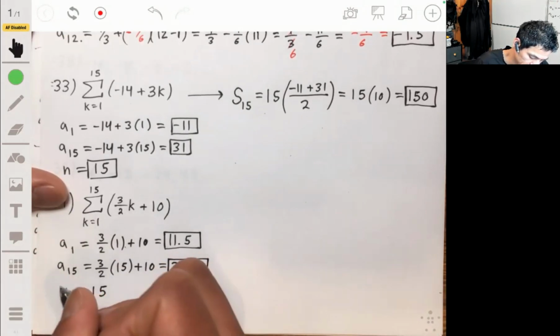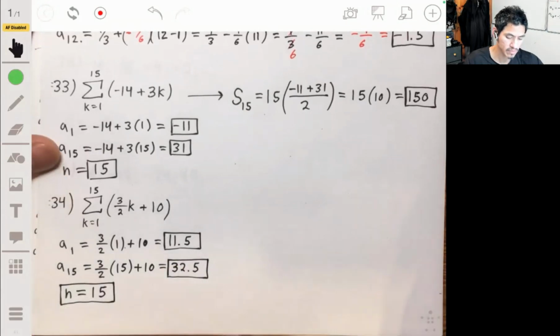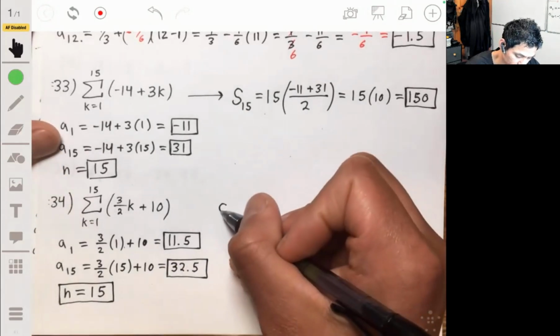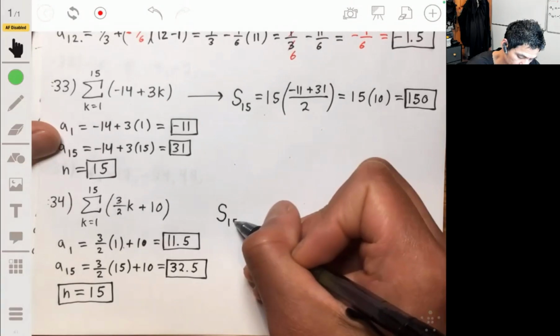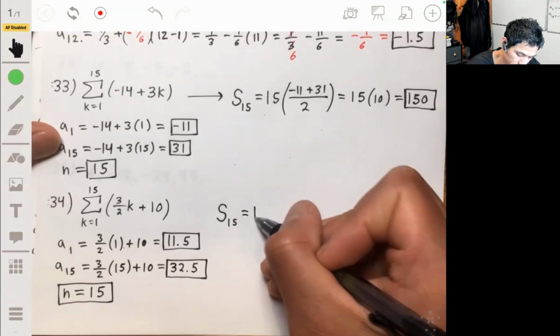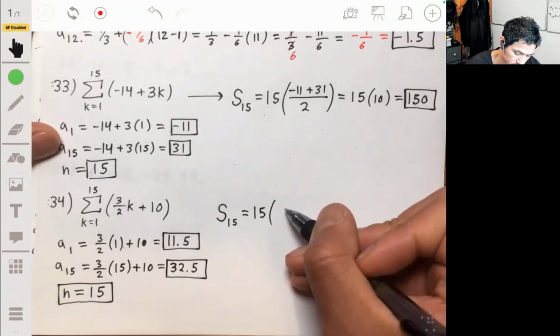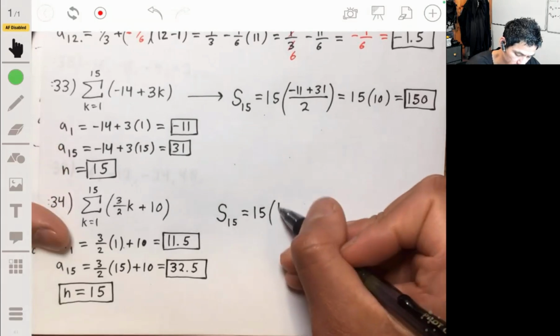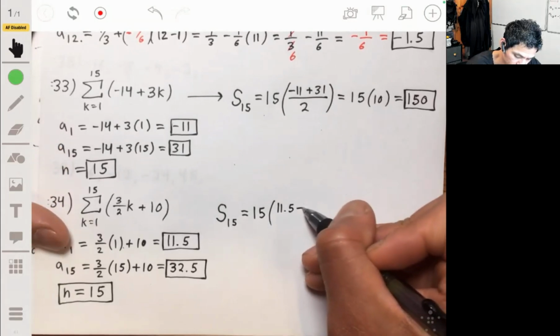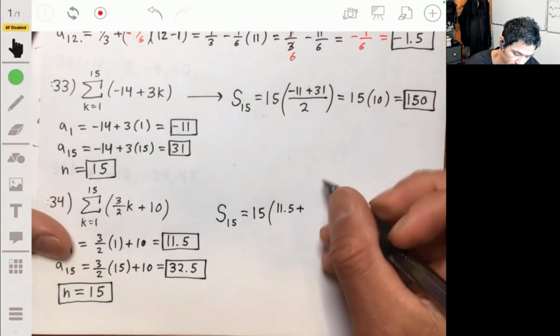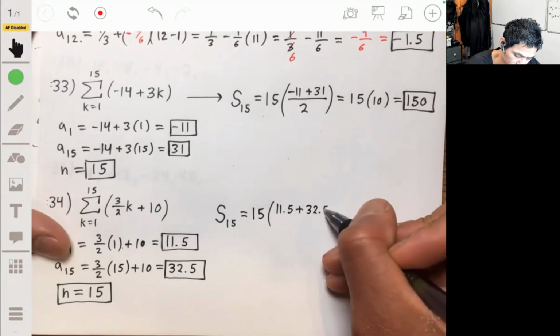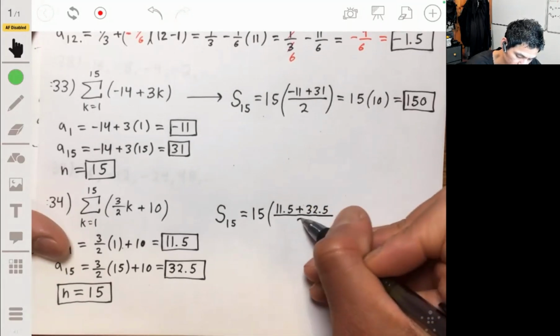Our n is 15. And so to find S15, this will be equal to 15 times A1, which is 11.5, plus A15, which is 32.5, all over 2.